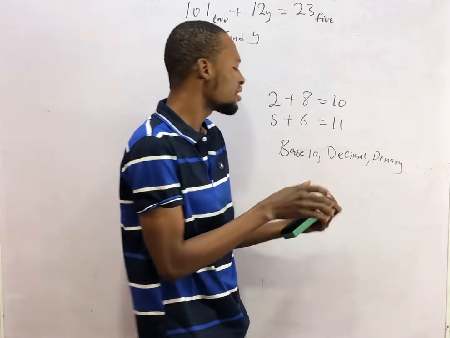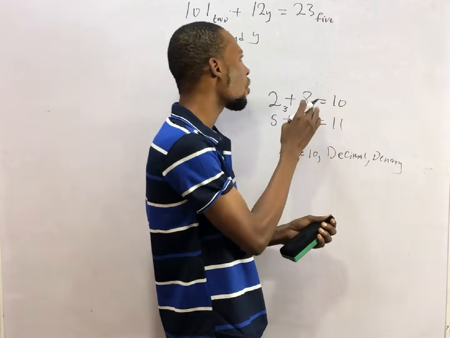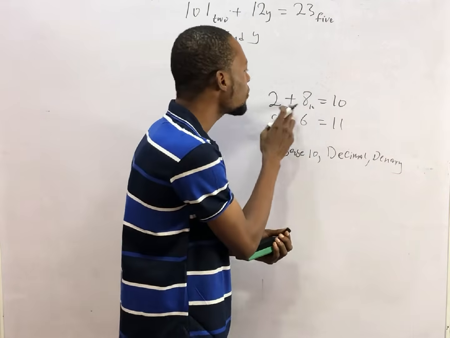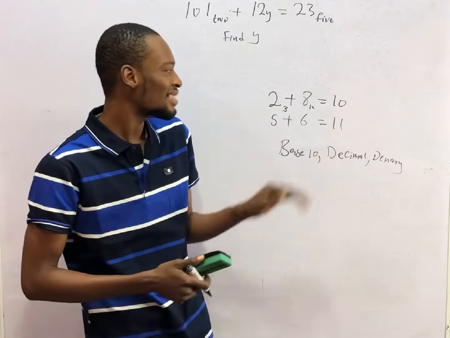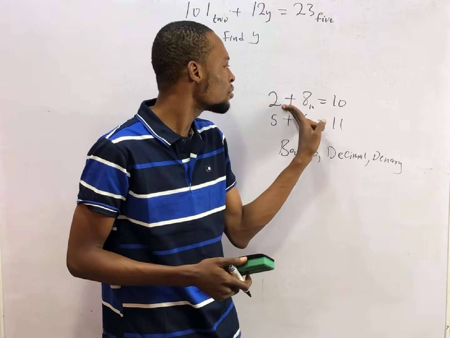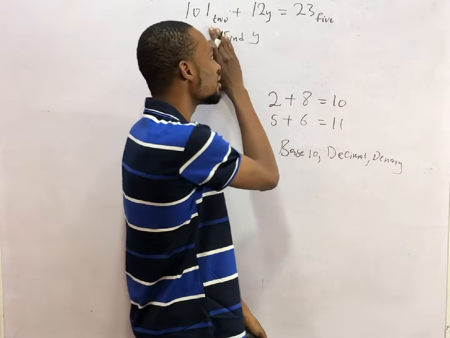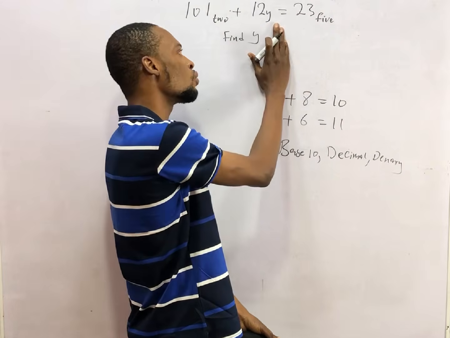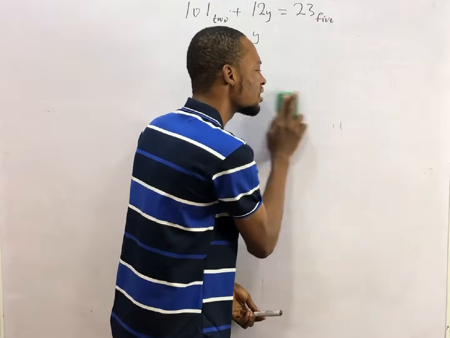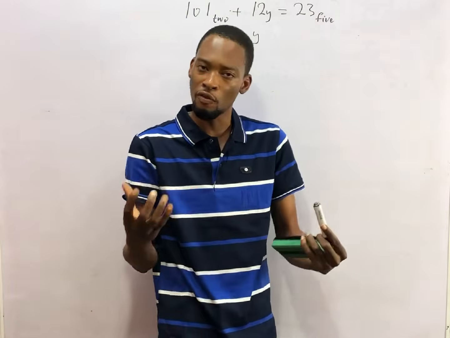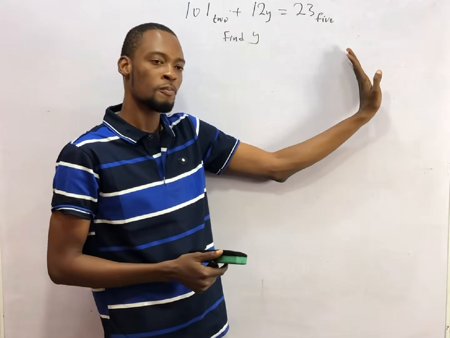When this is in base 3 and this is in base 10, 2 plus 8 is no longer 10. You simply make sure that they are in the same base to be able to give a straight answer. Since this is in base 2, this is in base y, and this is in base 5, to find the accurate value of y, we need to make sure that they are all in the same base.